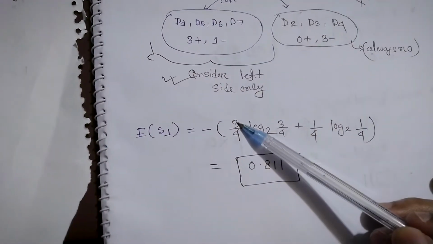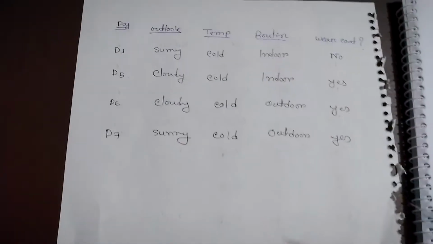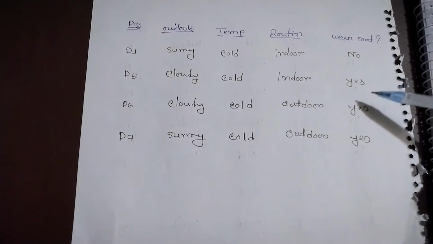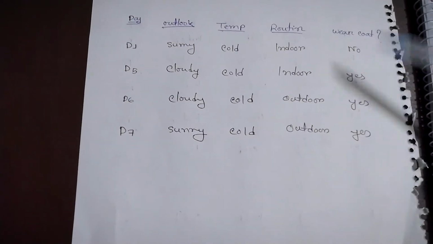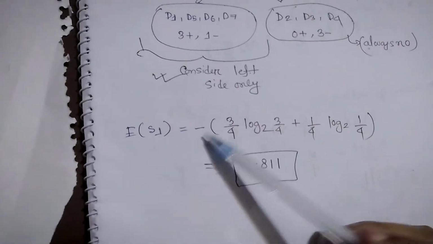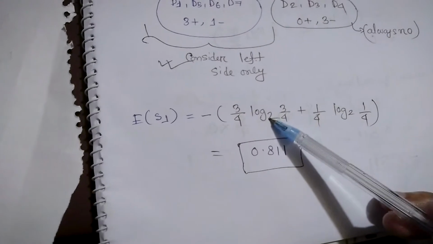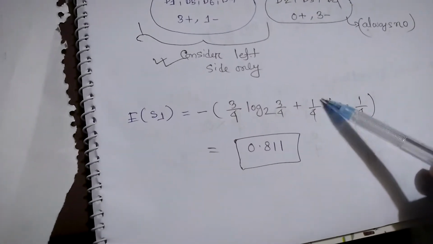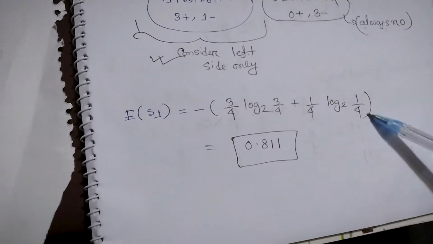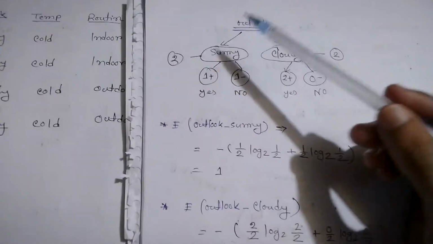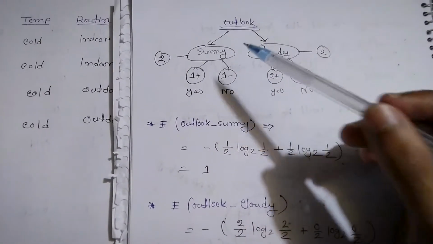Out of them, 3 of them are yes and 1 is no. So the probability is minus 3 by 4 for yes, log 2 of 3 by 4, and only 1 is negative, 1 by 4 log 2 of 1 by 4, which is 0.811. So same way as previously, we need to do the same information gain.